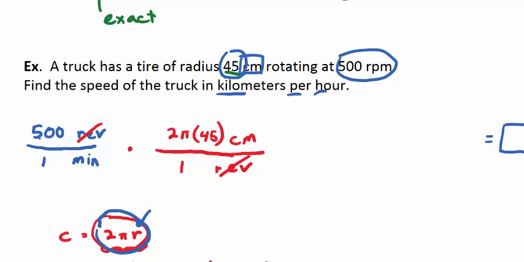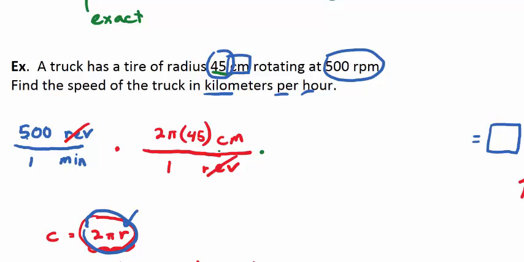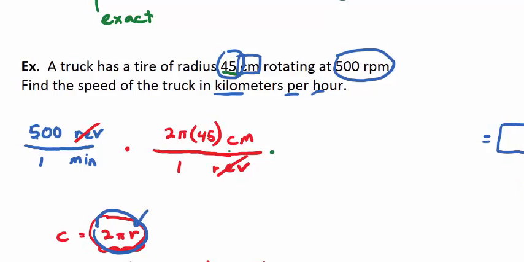Okay, so what's the next conversion factor going to look like? Well, we're going to have to convert eventually centimeters to kilometers and minutes to hours. It's a matter of opinion or just taste as to what you do first. Doesn't matter. So let's convert centimeters to kilometers.